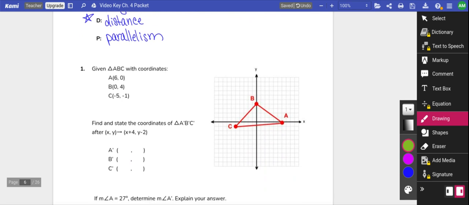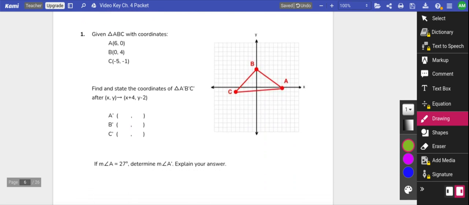So to start, here I have a graph. I've already graphed my pre-image. This is my pre-image because nothing has happened. Think about the word pre meaning before. So this has been graphed, and now we're going to find and state the coordinates of my image. When I have A prime, B prime, C prime, that apostrophe meaning prime, that is always going to be my image.